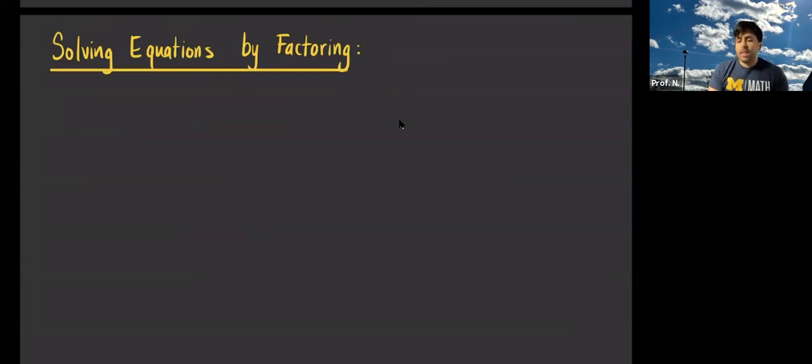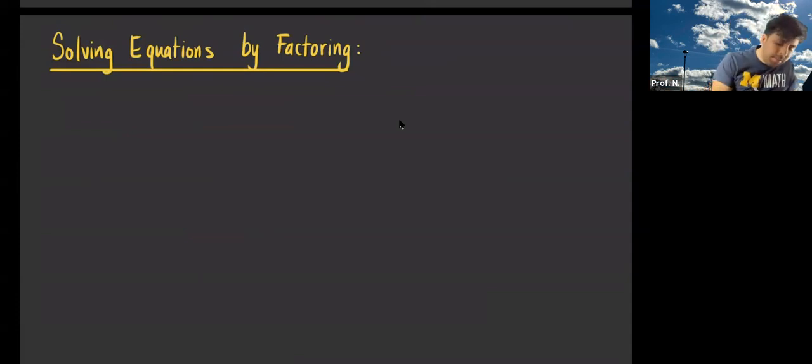So we're going to solve equations now by factoring. That's what we're going to do. So now the only difference is that not only are we going to factor, we're going to complete our objective, which is to solve for the x value.